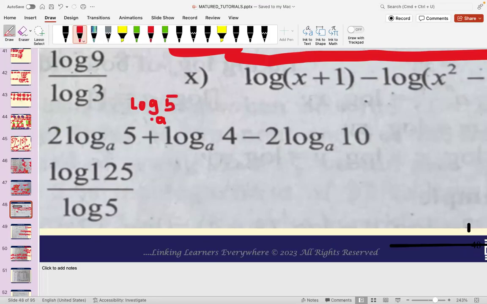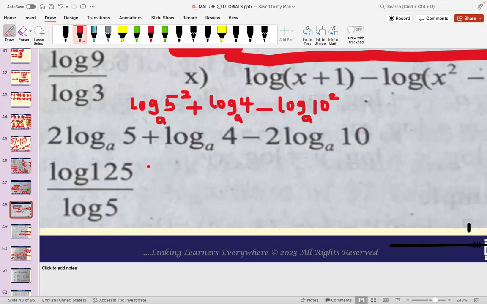The 2 is coming, so it becomes 5 raised to the power 2, plus this one will still maintain its log A 4, minus this 2 is going on top of the 10, so it becomes log A 10 raised to the power 2.